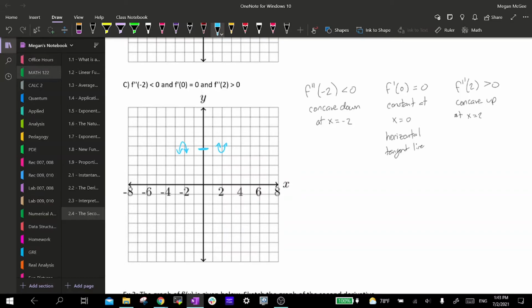Constant. Alright, have a horizontal tangent line at some point. So if we want to draw a function that meets all three criteria, something like a cubic function, where it flattens out in the middle and then comes down over here, something like this would meet all three criteria.